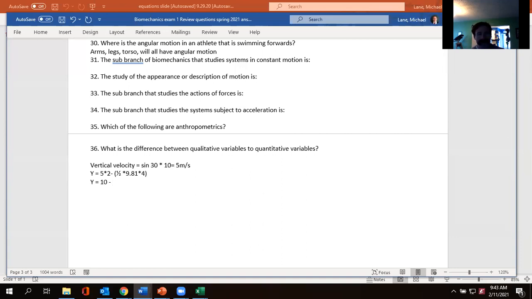One half of 4 is 2. 9.81 times 2 is going to be 19.62. So our distance is going to be negative 9.62 meters.